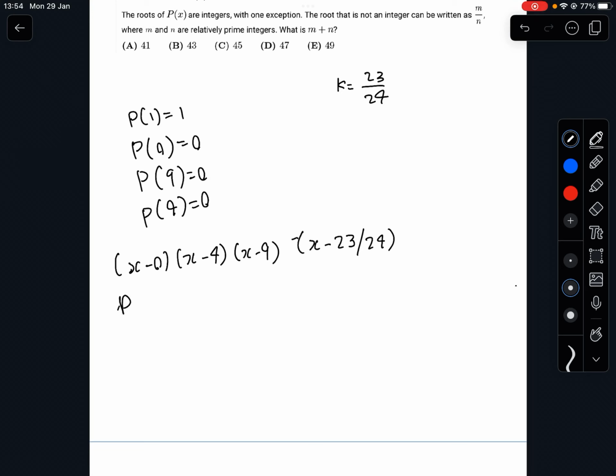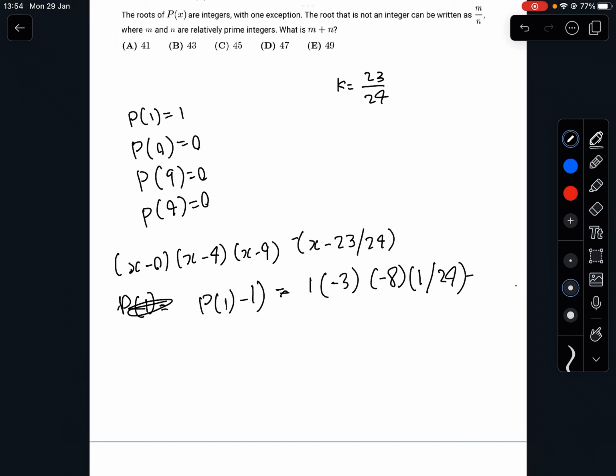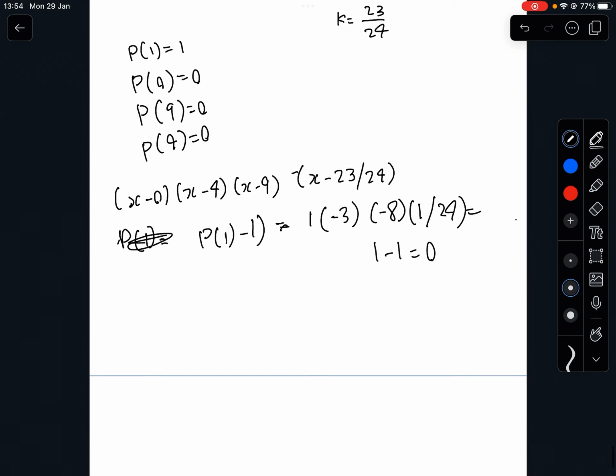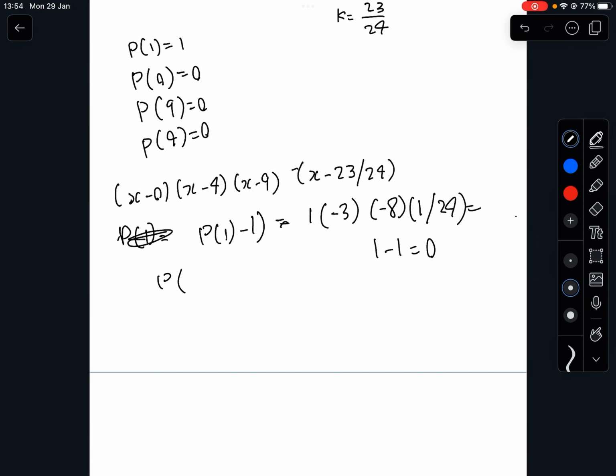Now let's plug in P(1) minus 1. That gives us 1 times negative 3 times negative 8 times 1 over 24, which equals 1 minus 1 equals 0. P(2) also gives us 0, and all the ones that we mentioned before give us 0.